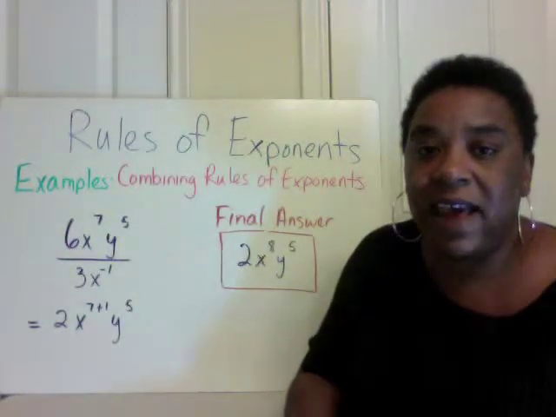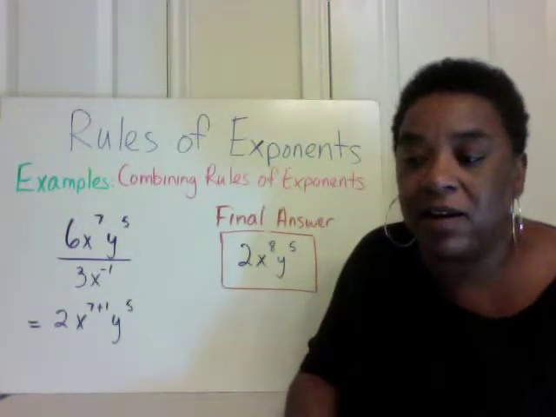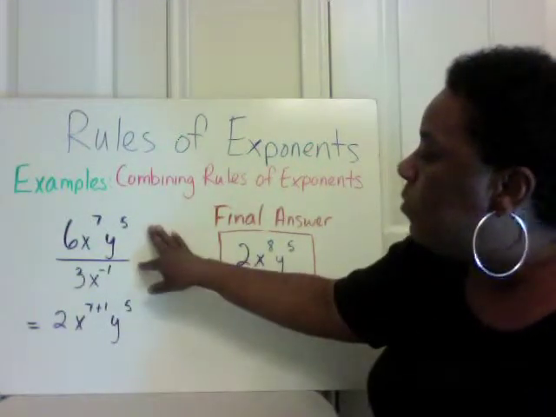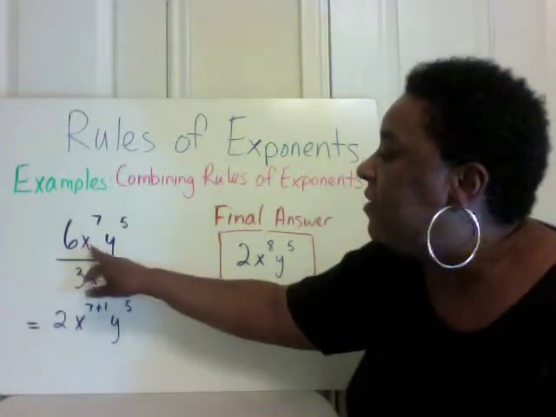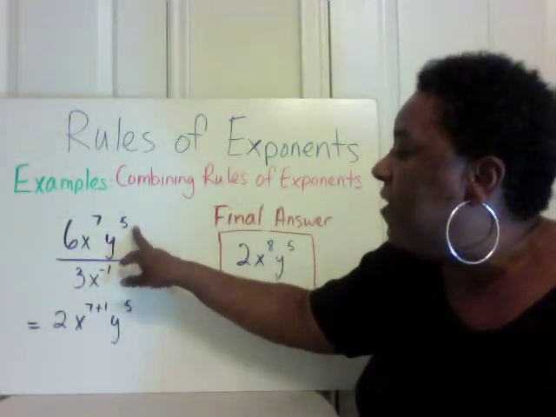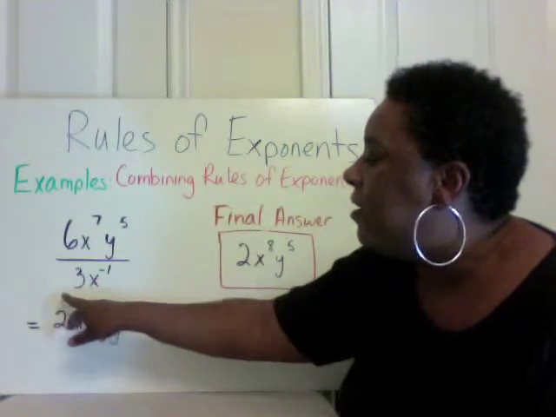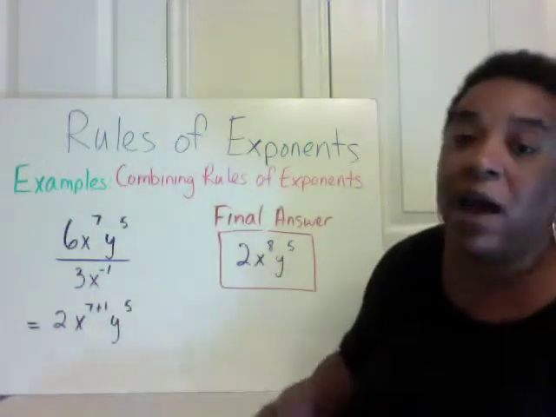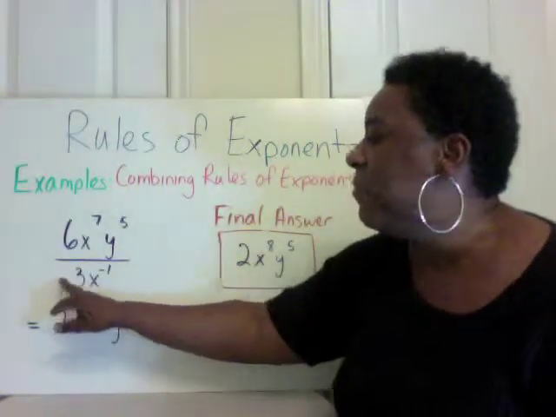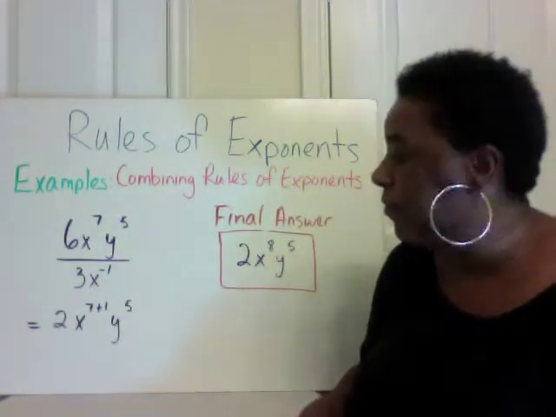So now let's look at a few examples where we are combining the rules of exponents. In this problem, we have 6 times x to the power of 7 times y to the power of 5, all divided by 3 times x to the power of negative 1. So 6 divided by 3 equals 2.